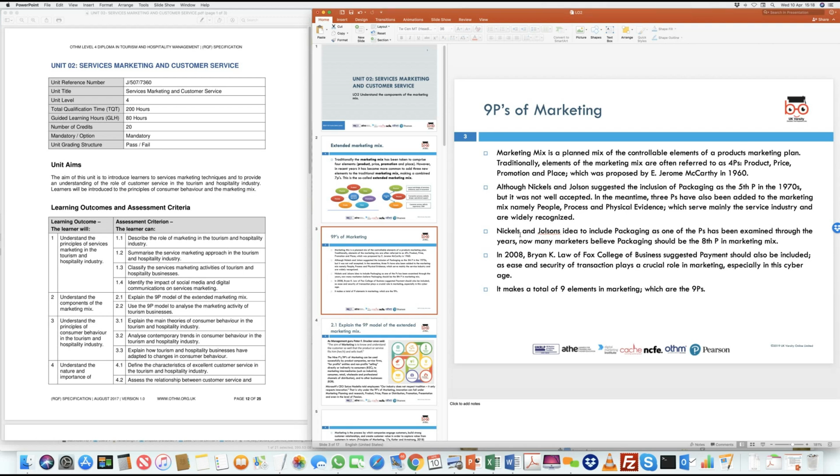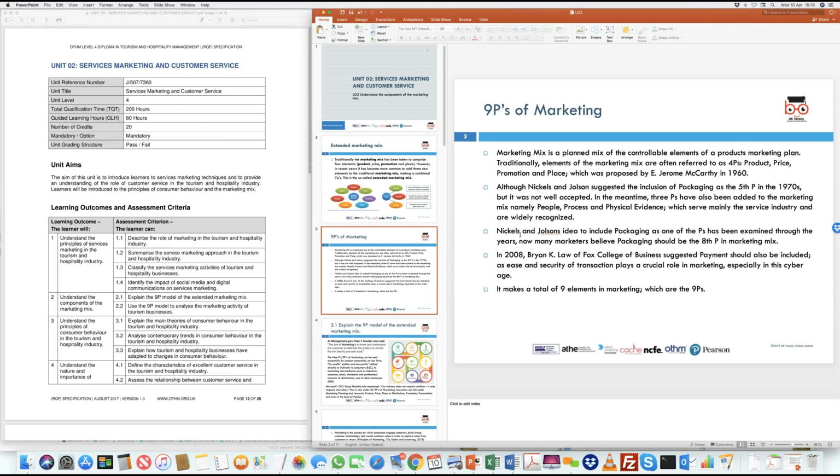When we study the tourism and hospitality sector, we need to look at these three Ps in particular, because they are the most important in the services sector. They allow consumers to experience quality of service, and they help differentiate the levels of service or quality which the customer receives.